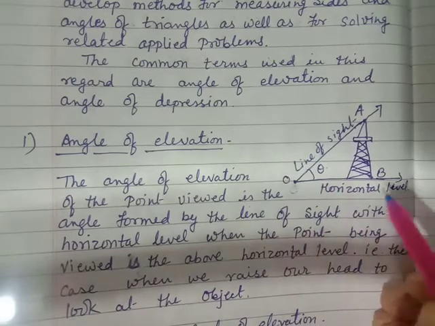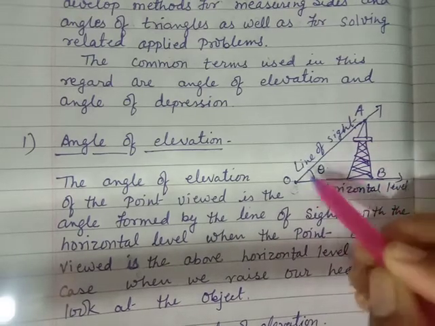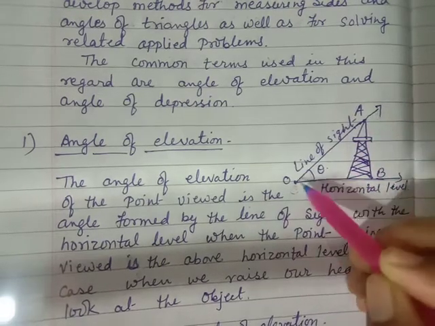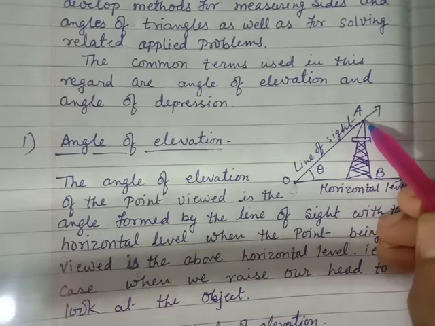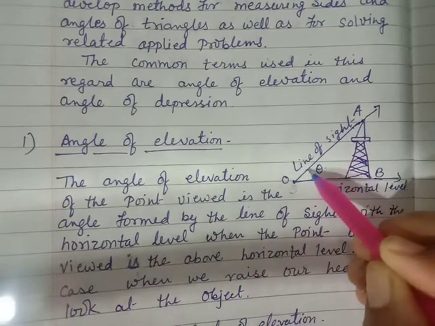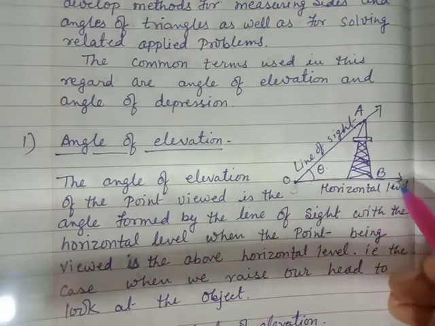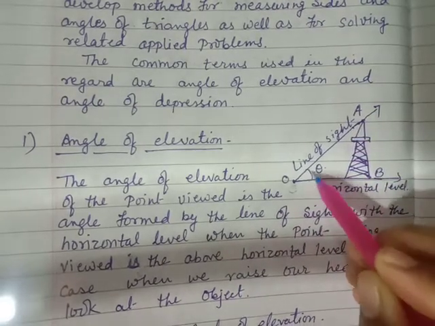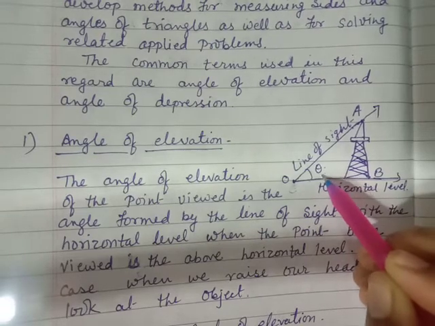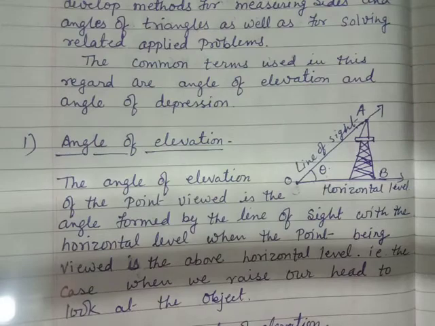So this is the base of the angle and this is the line of sight. A person is observing this way, so this is the line of sight. So the angle made between the line of sight and horizontal level is theta, and that theta is called the angle of elevation.